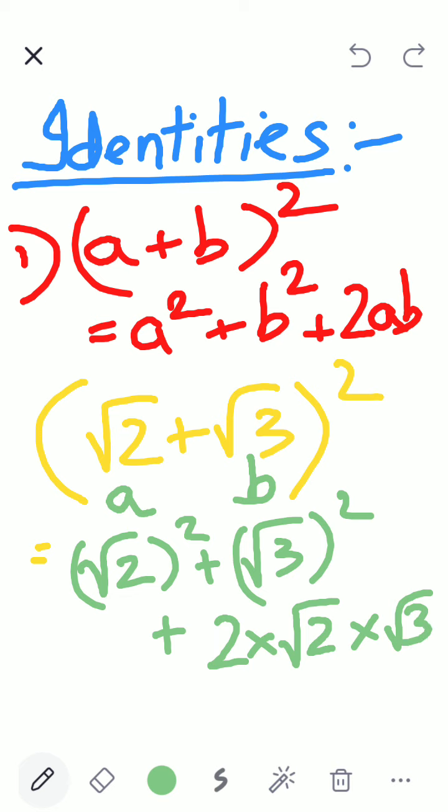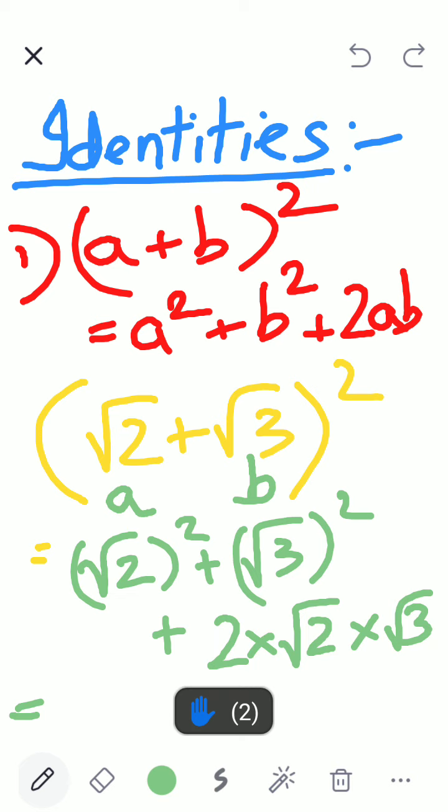So I got A square plus B square plus 2 into root 2 into root 3. What is root 2 square, children? Raise your hands. Yes, Harshita. What is root 2 square?